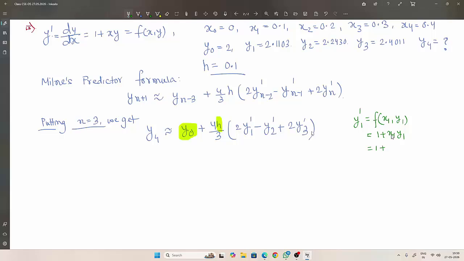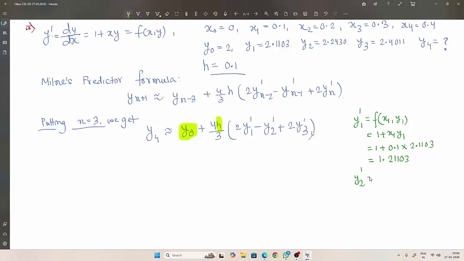So 1 plus x1 value is 0.1 into y1 value is 2.1103. Now if you multiply and add it, what value you will get? 1.21103. Okay, now tell me, is that step clear? The y1' value.